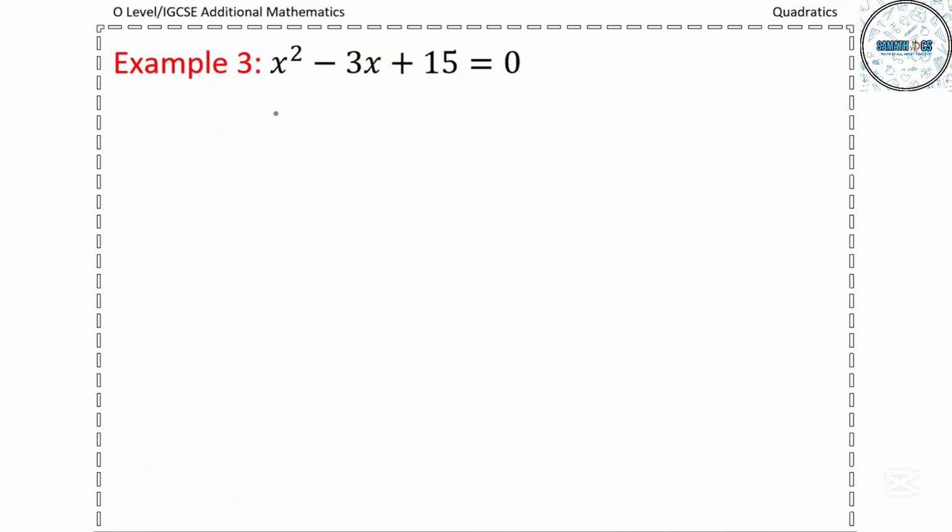Let's do another example in which we have x squared minus 3x plus 15 equal to 0. A is equal to 1, b is equal to minus 3, and c is equal to 15. We'll substitute these values in the quadratic formula.